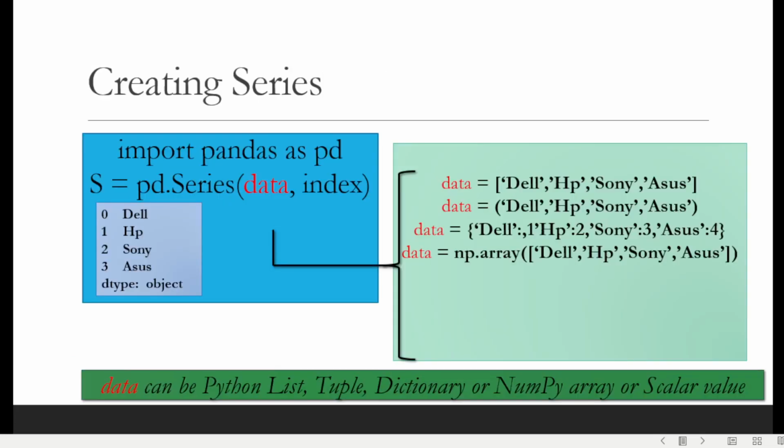To create a series, we need to import the Pandas library. A series can be constructed from a Python list, tuple, dictionary, or NumPy array, or even a scalar value can be used to create the series.